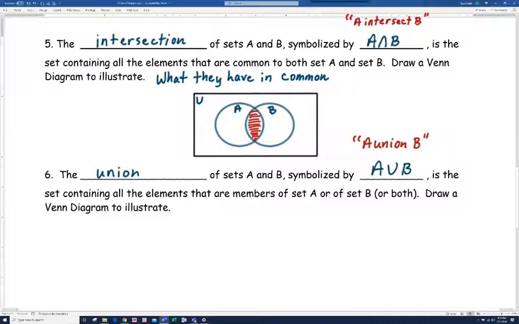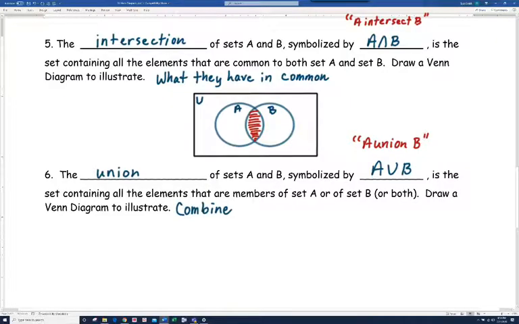This is the way we define the word or in mathematics. It means it's in the first set or the second set or both. One or the other or both. Draw a Venn diagram to illustrate. It would look like this.